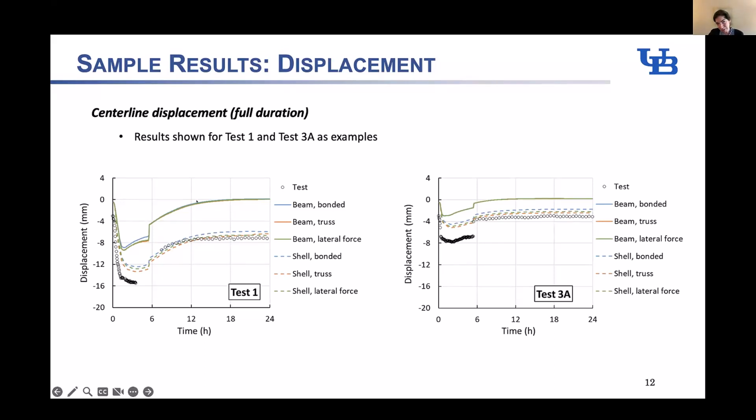So at the end of the day, we did not recommend using a simplified beam model to capture the displacements. And with the solid elements, because of the cooling, we had some issues.